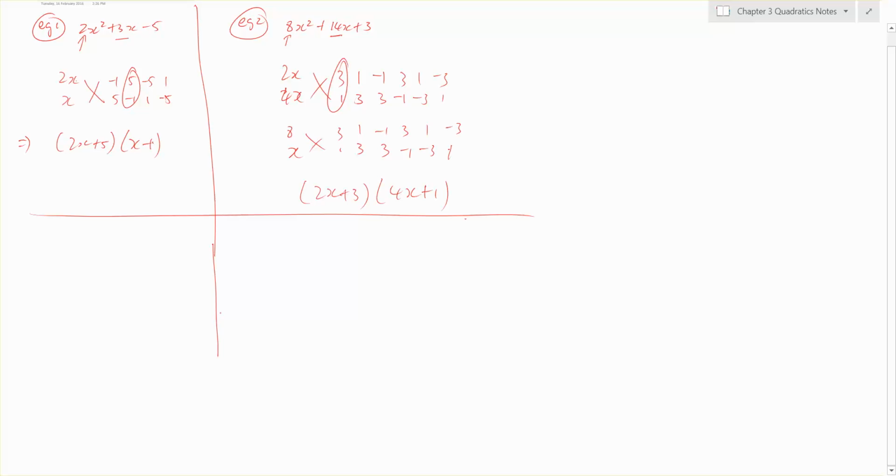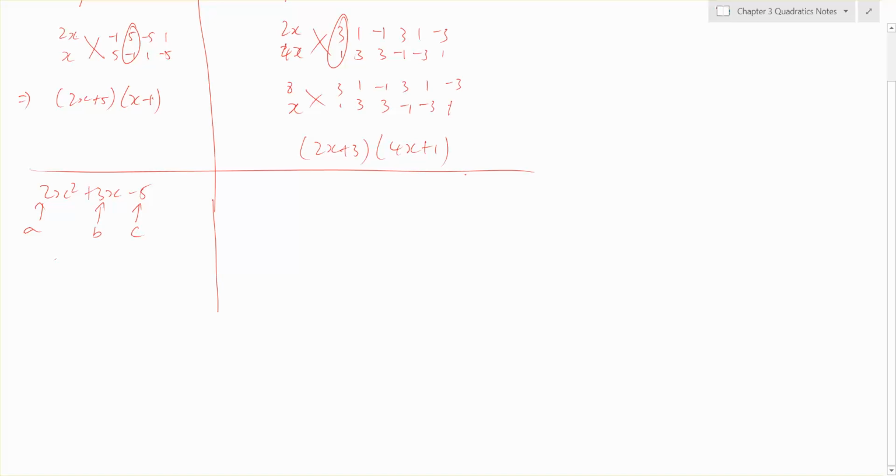Now, there's a second method that the book teaches you. If we use 2x squared plus 3x minus 5, I can say the coefficient of x squared is a, the coefficient of 3x is b, and the constant term is c.